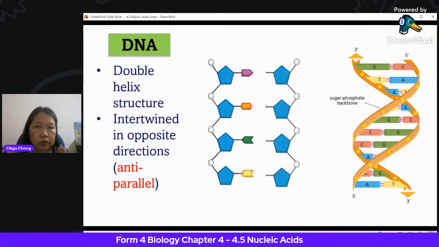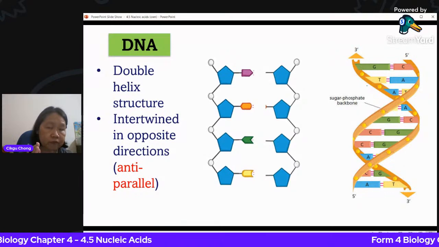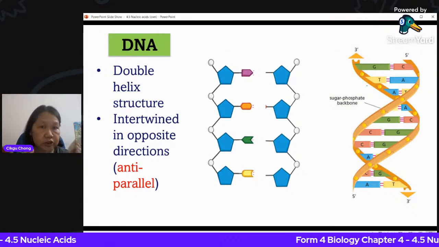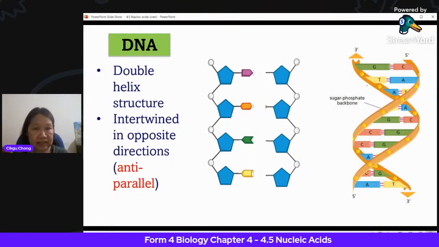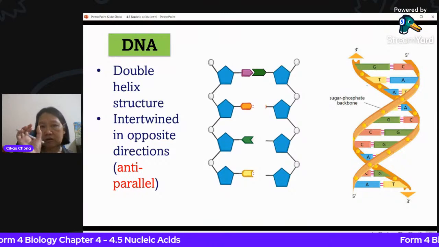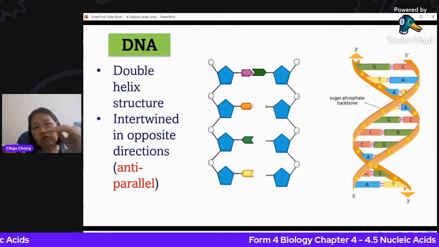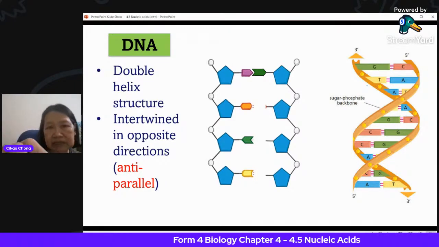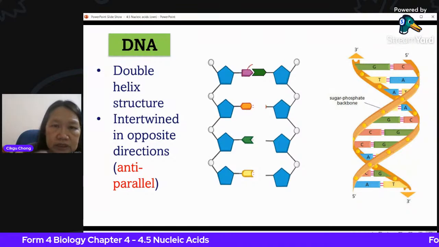They will just mirror image the pentose sugar with the phosphate group over to the other side. And of course they remember this one: the nitrogenous base, you must use the complementary. If this one is jutting out, then the other one has to be like that.